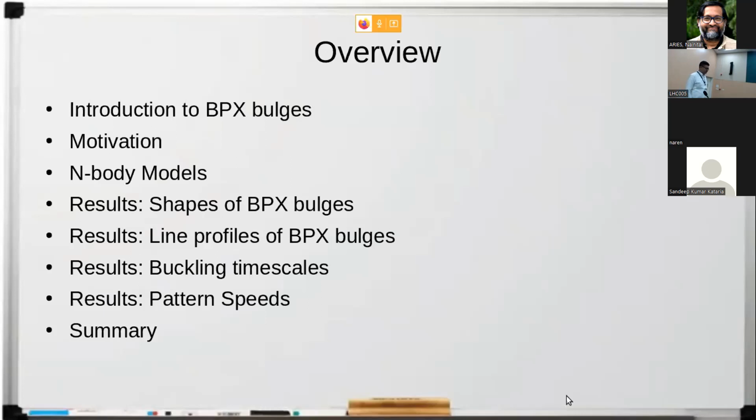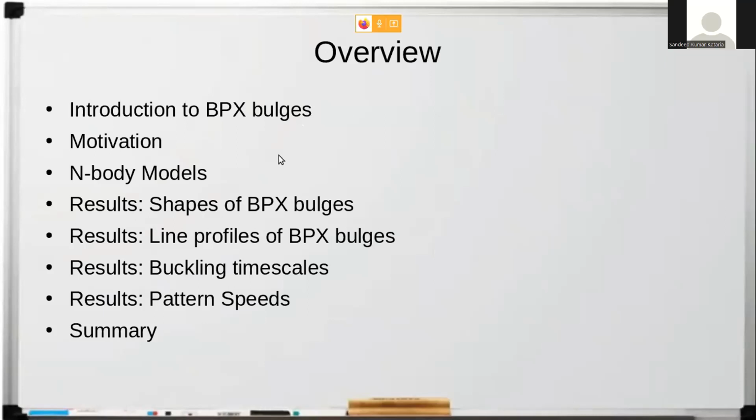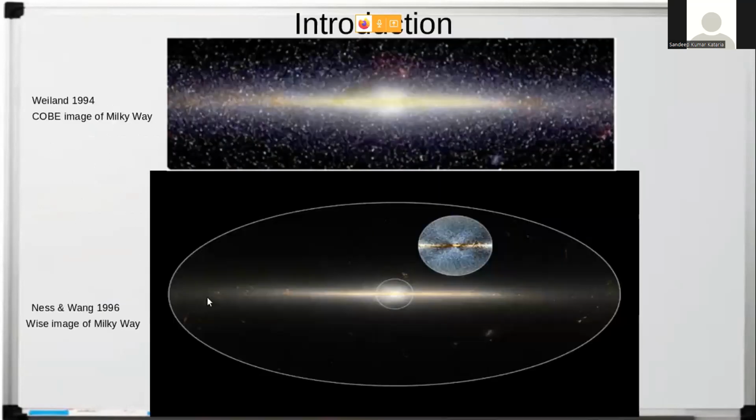This is a brief overview of my talk: I will briefly introduce the topic, then why I am motivated to see the effect of halo angular momentum surrounding this disk. We do N-body experiments where we generate a disk model and then evolve it. Then I will discuss the effect of halo spin on BPX bulge shapes, their line profiles, buckling, etc., and then I will summarize.